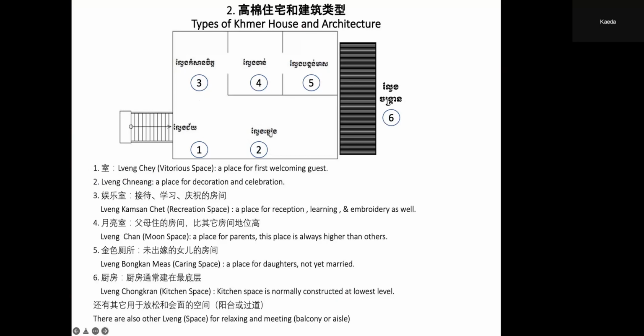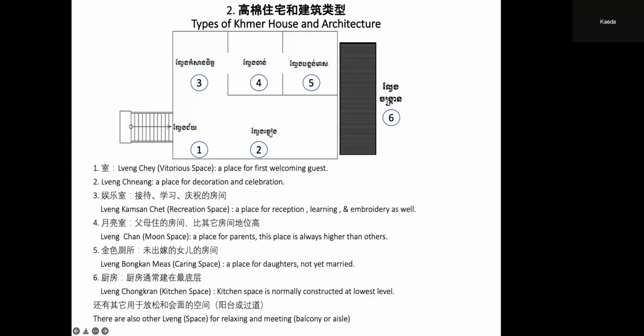Number 4 is translated as moon space. It is a place for parents, which is always built higher than other spaces. And number 5 is translated as caring space. It is a place of trust for one another. It is constructed near the moon space, next to the parent space, so that parents can take care of the family.